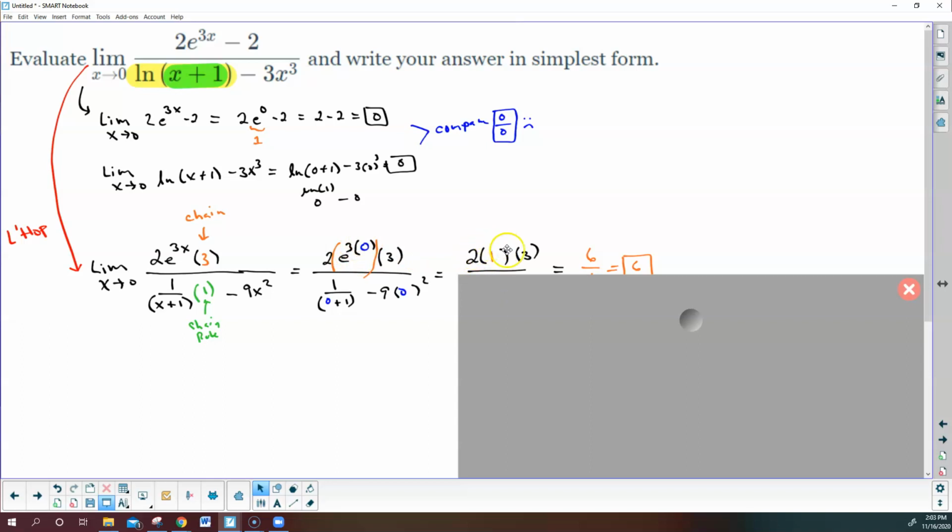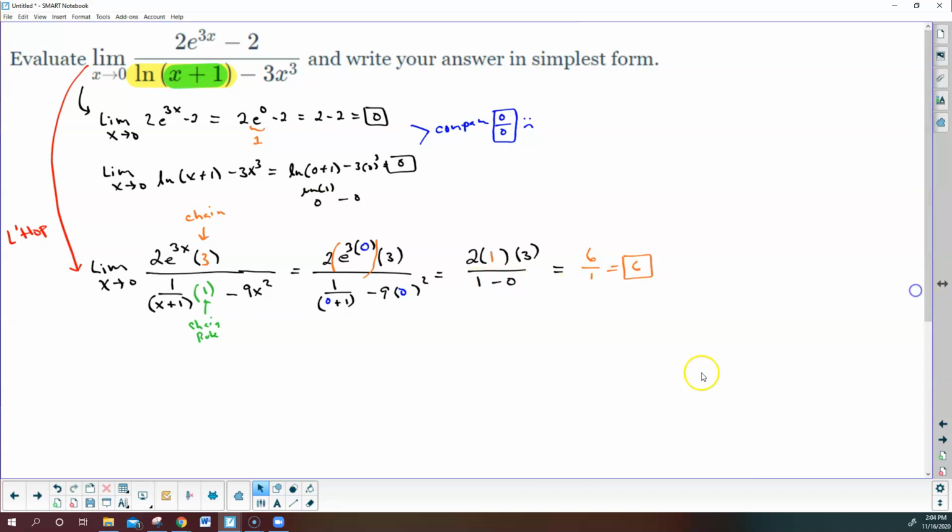So 1 times 2 times 3 ends up giving me 6 in the numerator. In the denominator, if I plug in 0 for x, I get 1 over 1, which is 1, minus 9 times 0 squared is still 0, so I get 1 on the bottom, and my overall answer is 6.